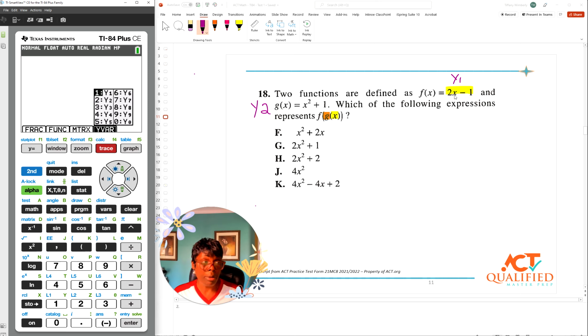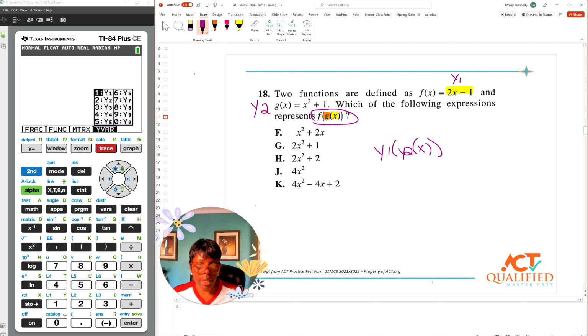So remember, function 2x minus 1 is stored in y1, and x squared plus 1 is stored in y2. So let's enter this particular problem exactly as you see it, replacing f with y1 and g with y2 of x, and then close it.